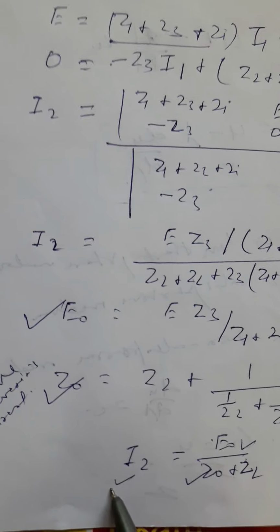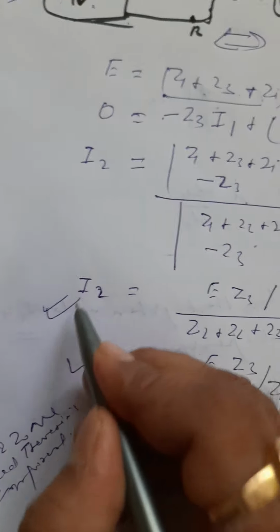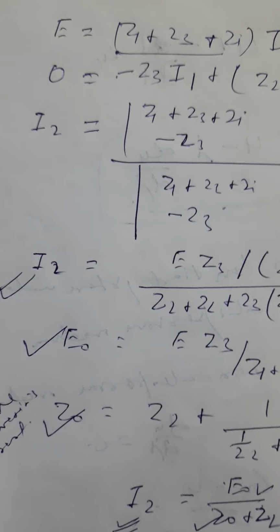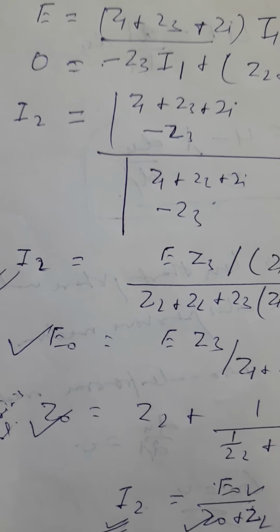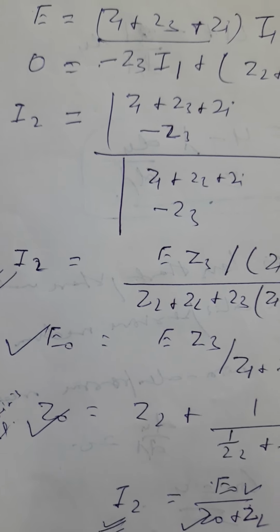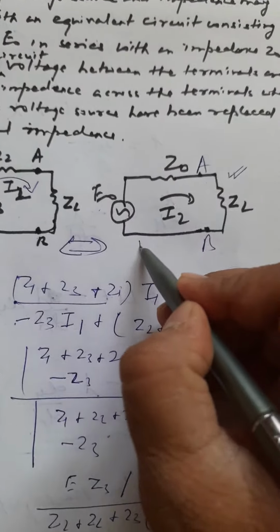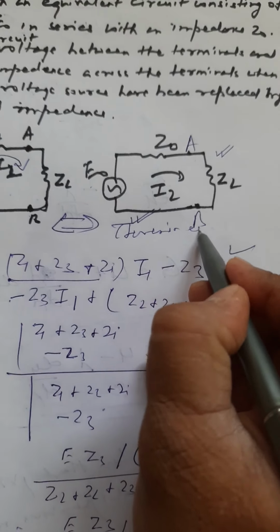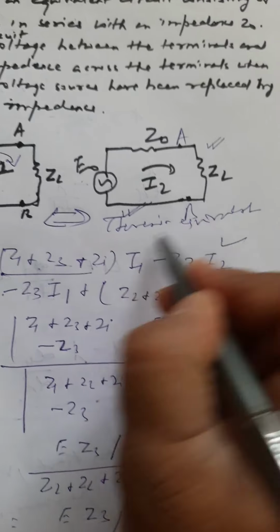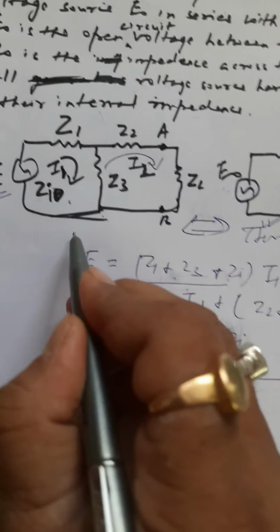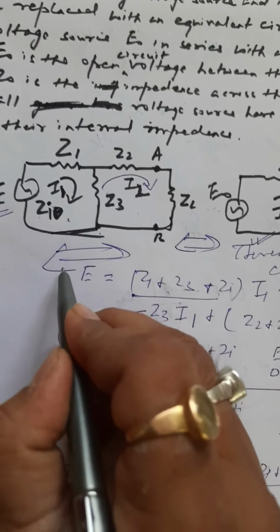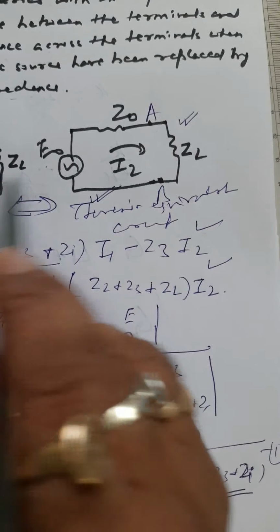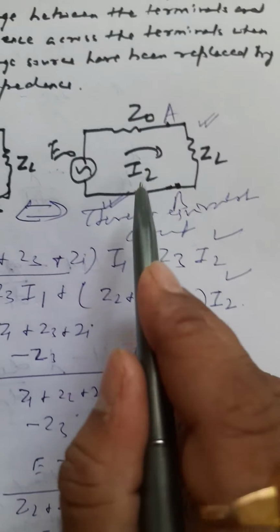This I2 will be the same as the earlier I2, which confirms that the same current is obtained. This is known as a Thevenin equivalent circuit. So this circuit can be redrawn and Thevenized as this.